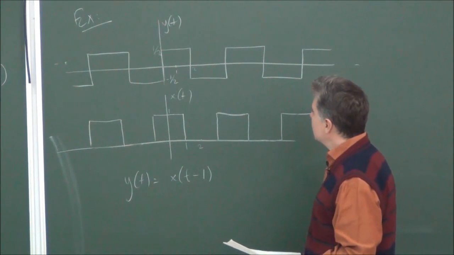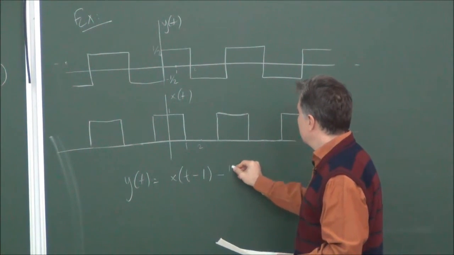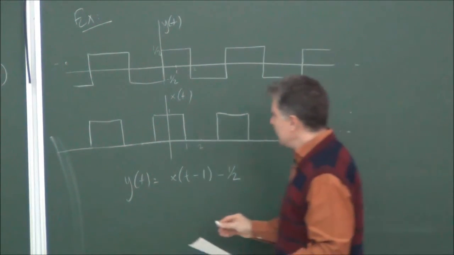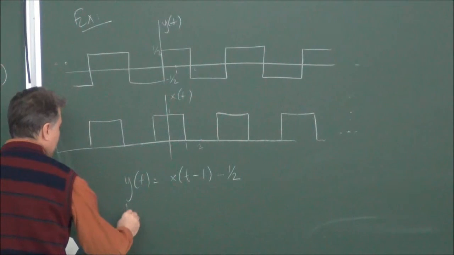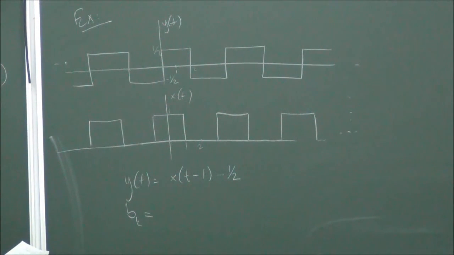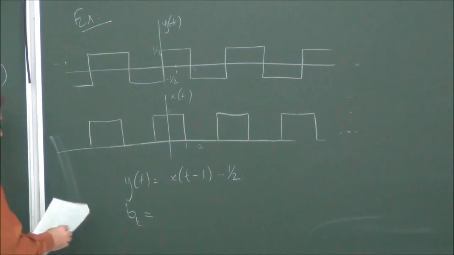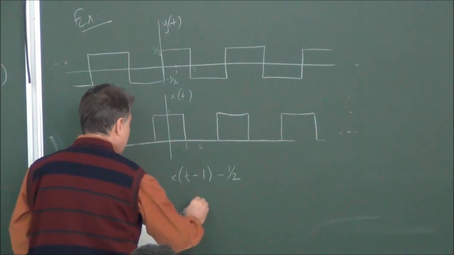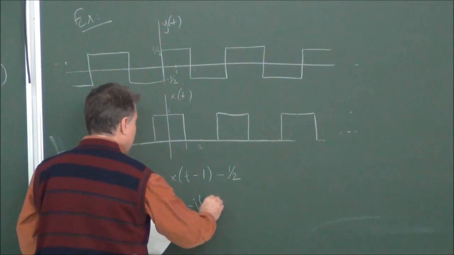And then we subtract 1/2 from it, and we said that the Fourier series coefficients of this y, we call it bk, is equal to ak times e to the minus jk pi over 2.